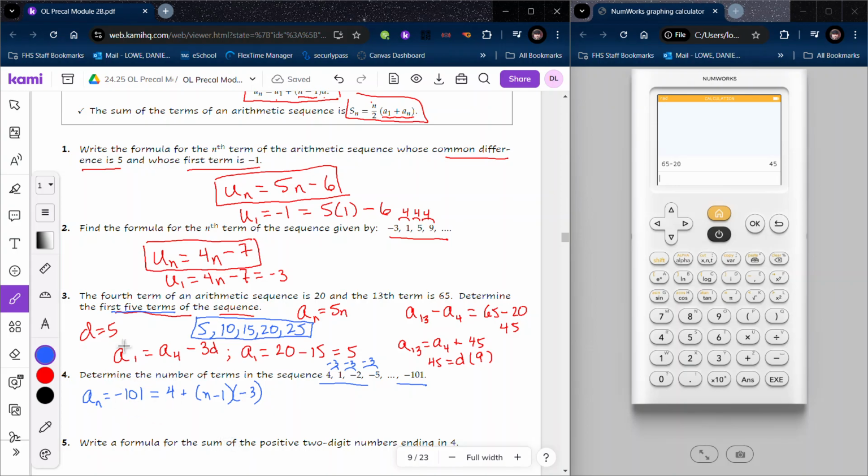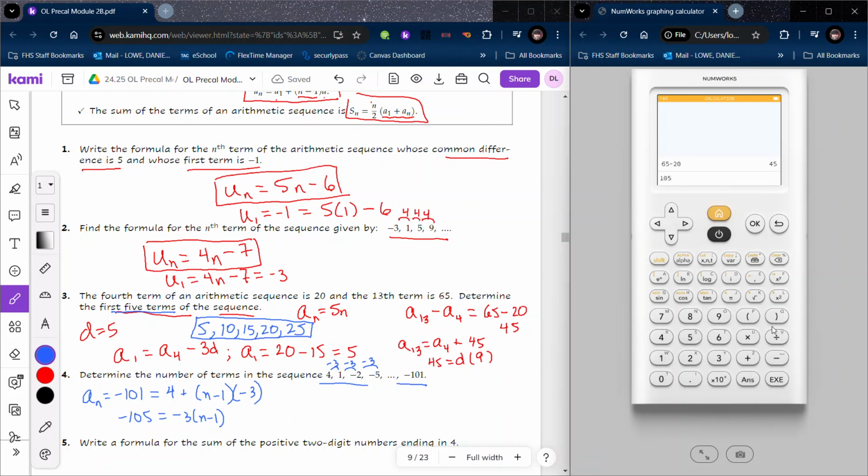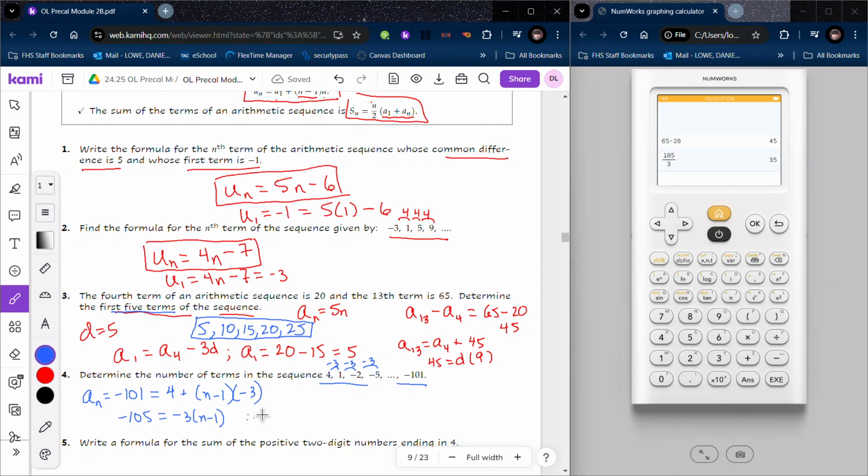Okay, if I subtract 4 from both sides, negative 105 is going to be negative 3 times n minus 1. All right, so then let's divide, and I have 105 divided by 3 in net effect. So that means that 35 is equal to n minus 1. So therefore I have 36 terms in my sequence.